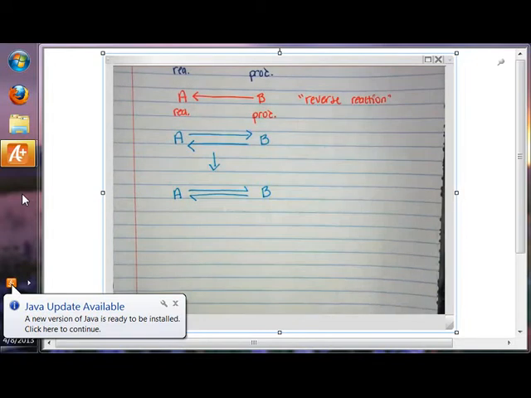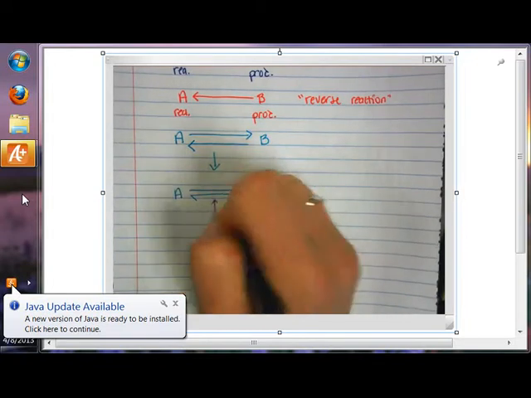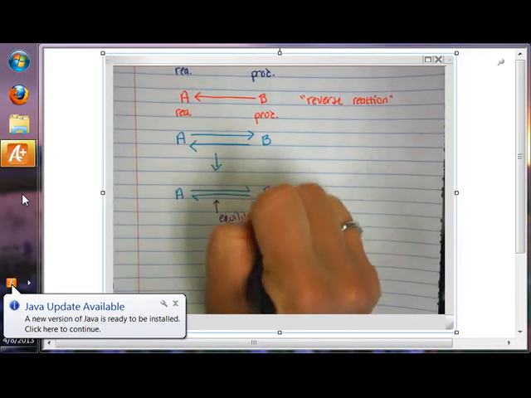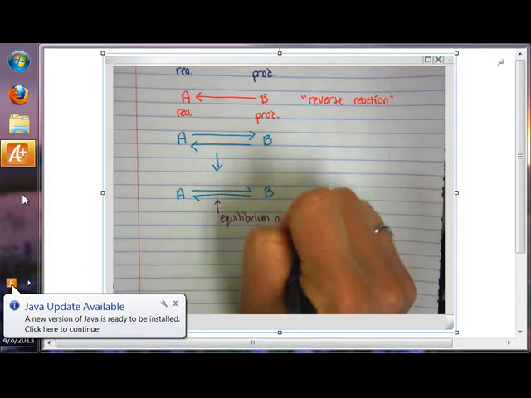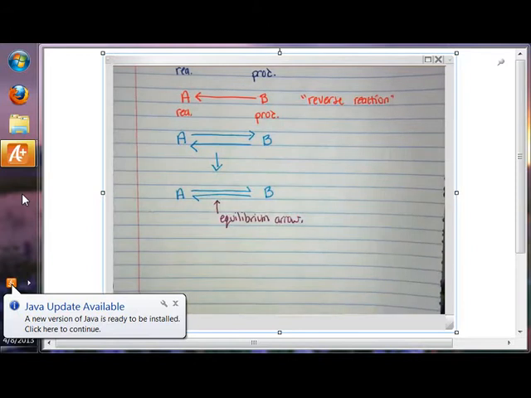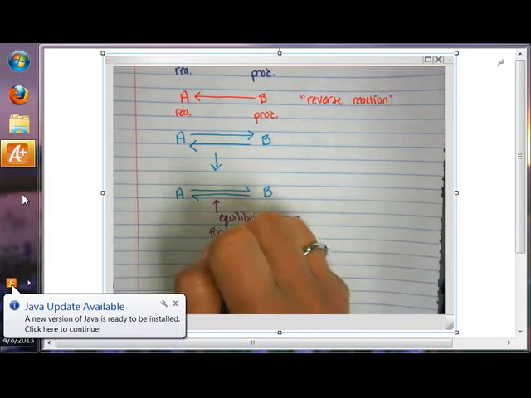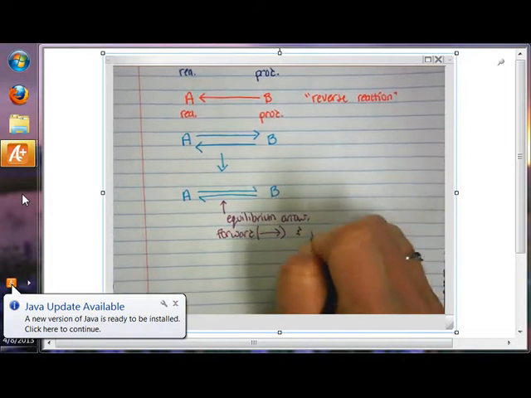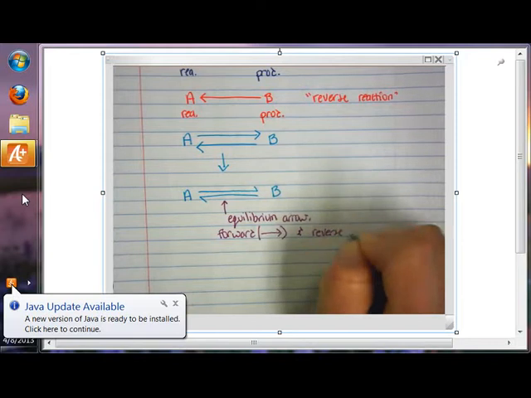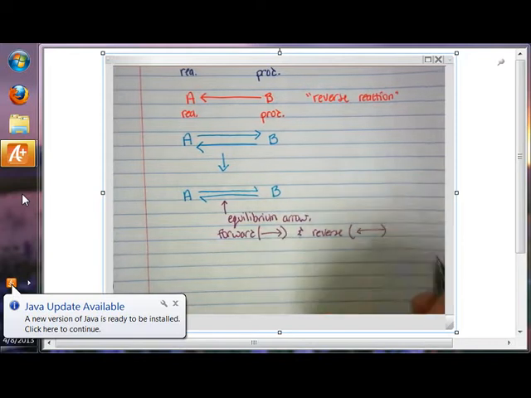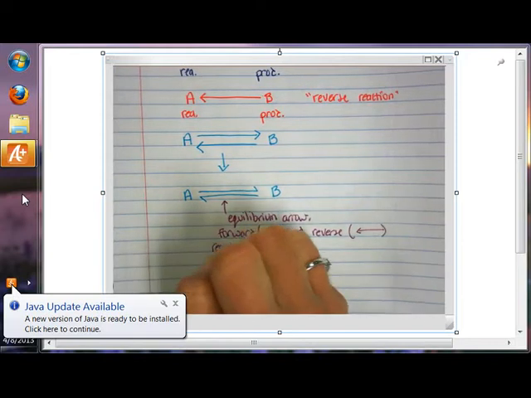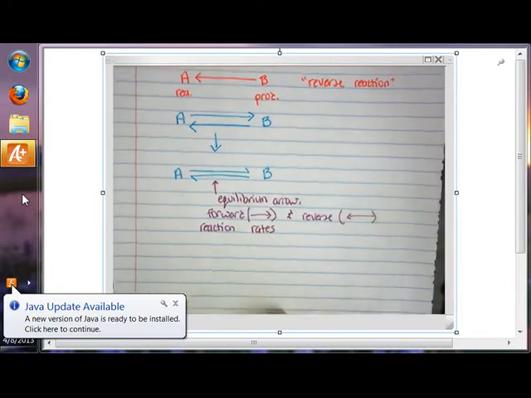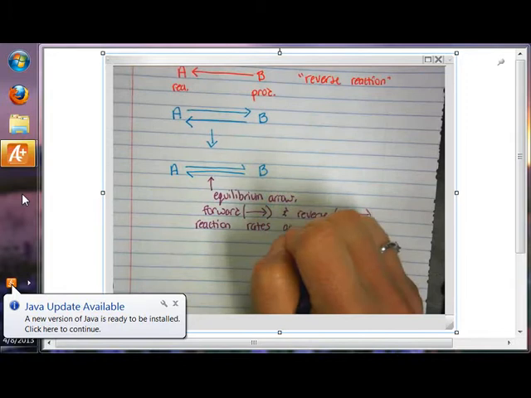Add in B. Now that right there is my equilibrium arrow. So that is showing that the forward and reverse reaction rates are the same.